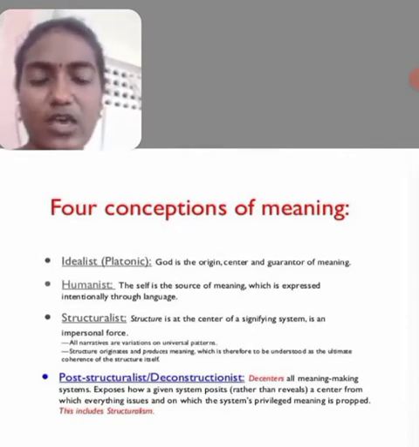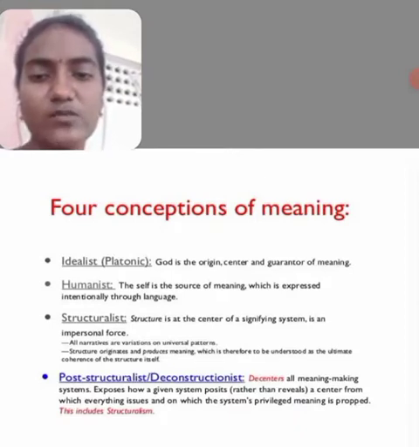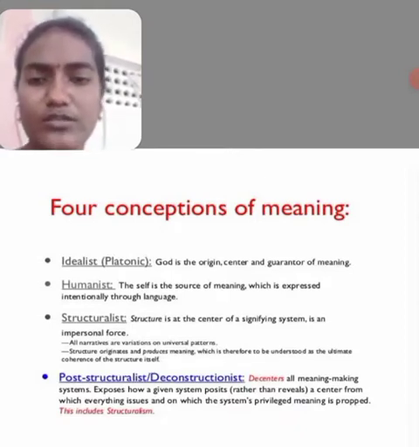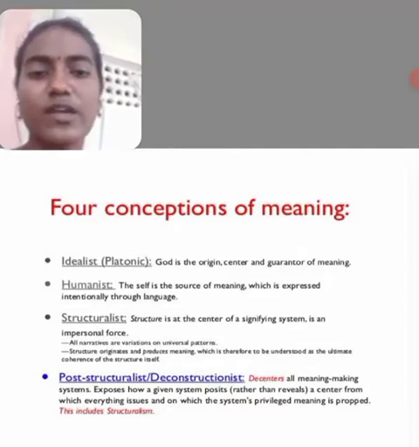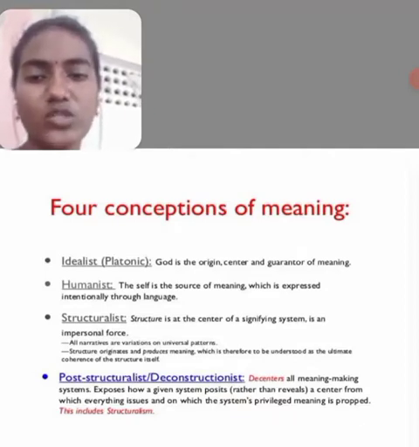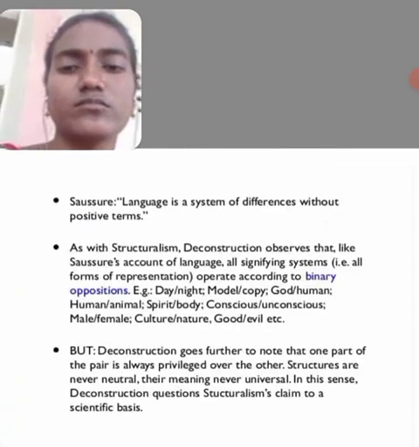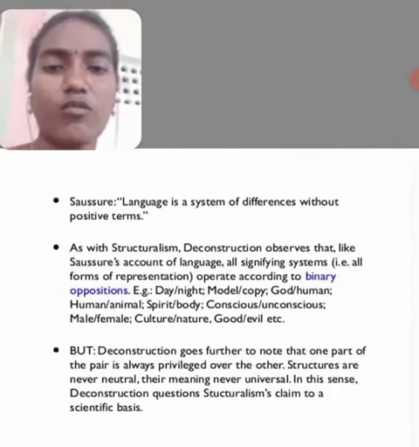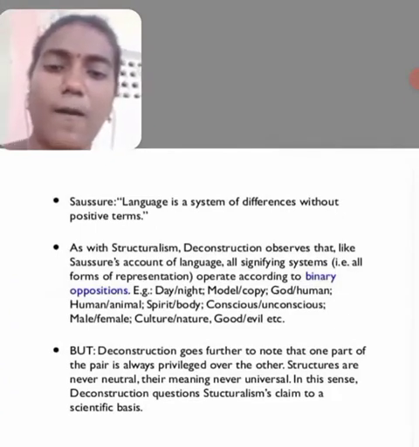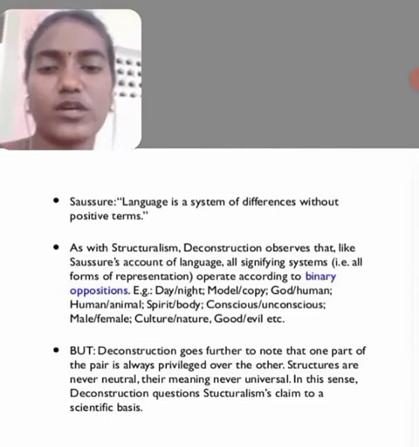Humanistic: the self is the source of meaning, expressed intentionally through language. Structuralist: structure is the center of the signifying system, as an impersonal force. But the post-structuralist or deconstructionist dissents, exposing that any given meaning-making system possesses a center. Saussure's language system is a system of differences without positive terms, but deconstruction observes Saussure's account of language and all signifying terms.